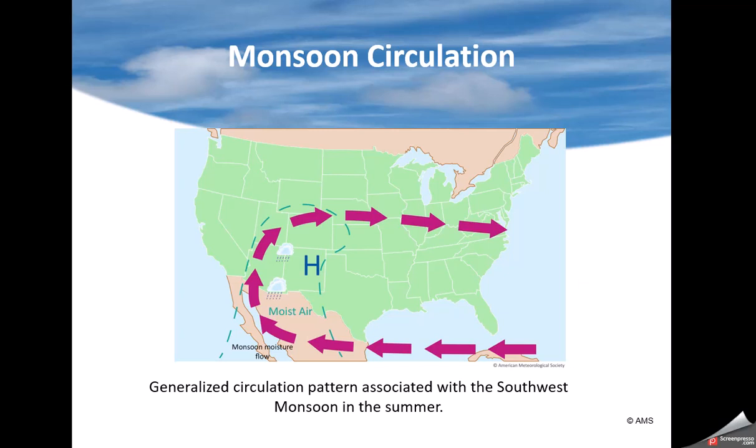So you wind up with high pressure that forms over that area. Now that you have the high pressure and low in place, low is counterclockwise circulation. Well, notice that pulls in air from the Gulf of Mexico and from the Pacific into that area. You wind up with lots of thunderstorm potential in that area during the summertime with this.